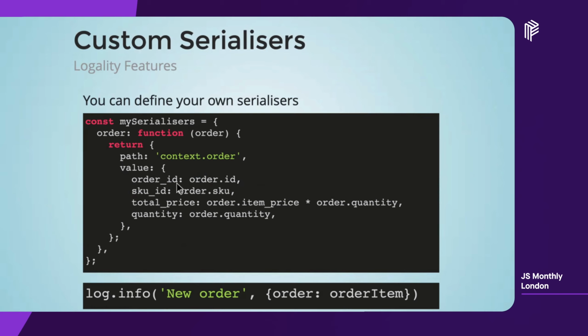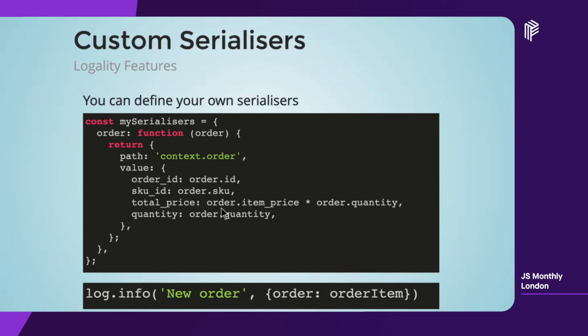So this is serializing the order object. We're being more explicit here. This is an order ID, so we take the ID. This is the SKU ID, so we take the SKU. We can perform transformations, like multiplication between the fields. We can do pretty much anything. This is plain JavaScript here.